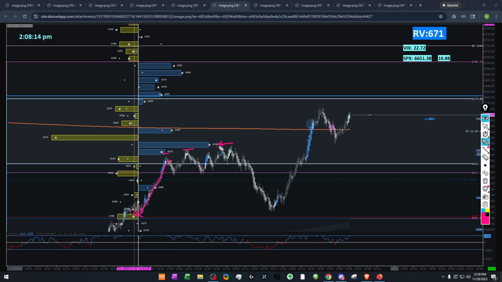Rejected, rejected, rejected, rejected, moved lower. And then on the next test, we finally got some good buying to push us through, indicated by these blue bars. And then once we're above it, it should act as support. So we broke above, came back down, held it, and then moved higher from it.